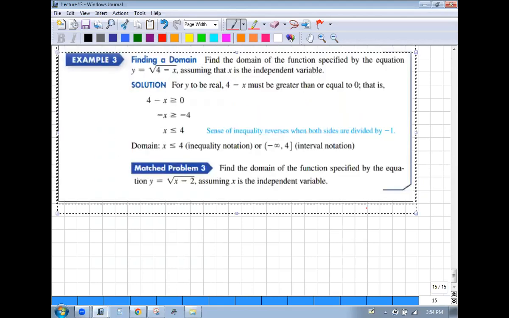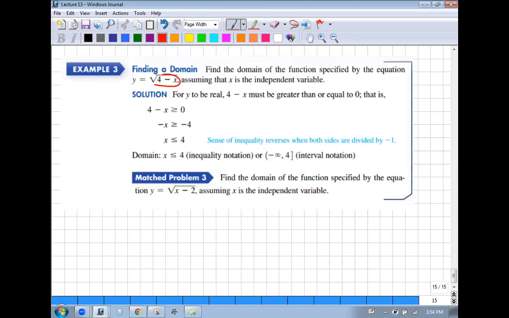All right, so finding the domain. You can't take the square root of a negative number, right? I mean, you totally can, but you'll get an imaginary number. So if you're restricting your world to only real numbers, then you only want the numbers you can plug in where you get a real number back.